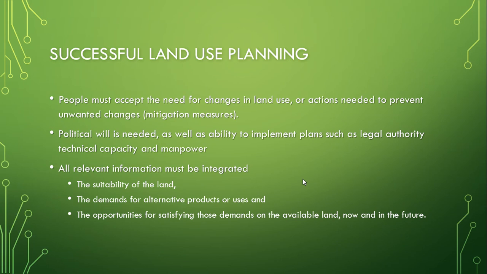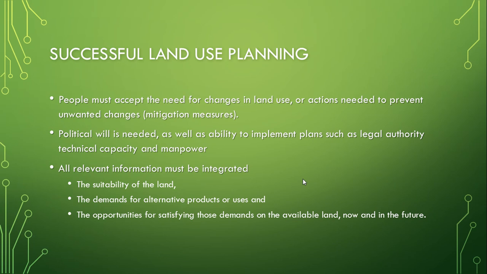So it's critical that there is political will available to move forward for the greater well-being of a nation. And this would occur firstly at the legal level, so there must be relevant laws put in place. We must also make sure that there is the technical capacity at the various implementing agencies available, and also there must be manpower.